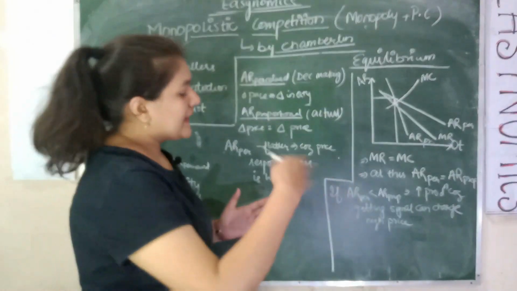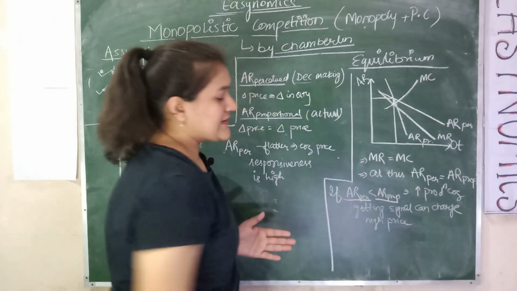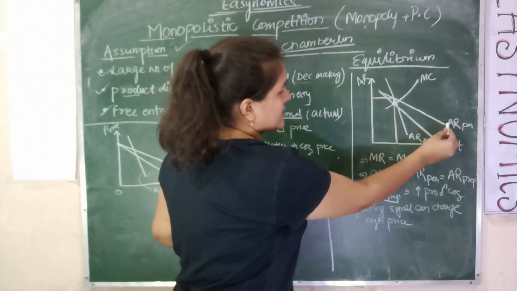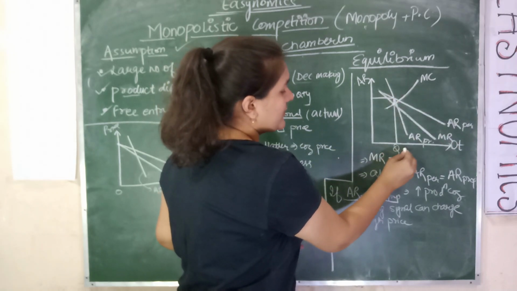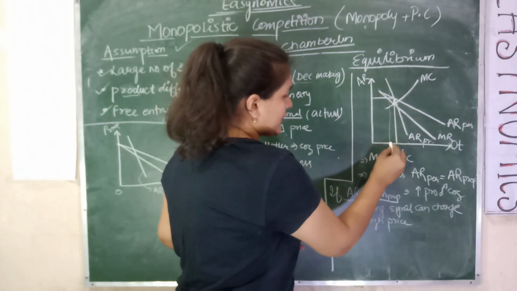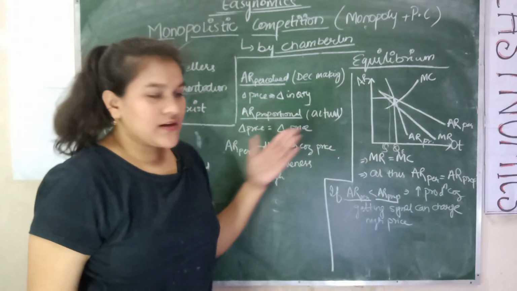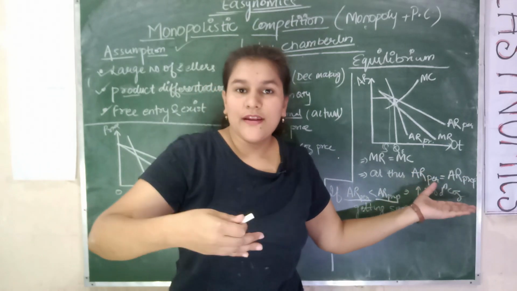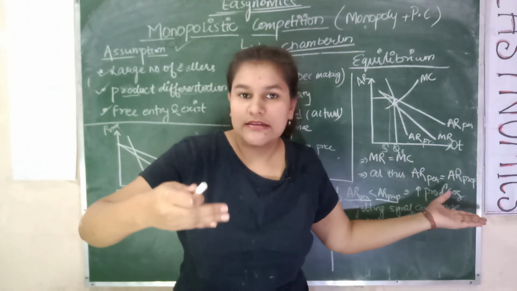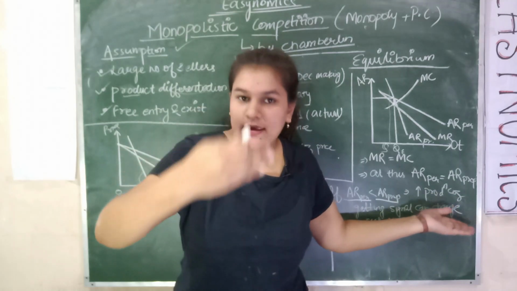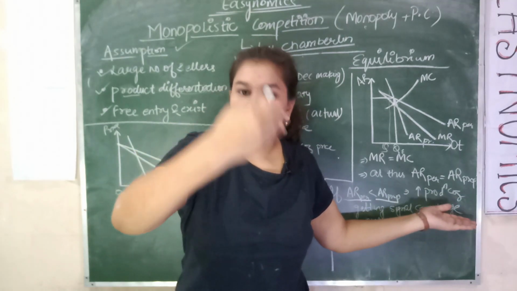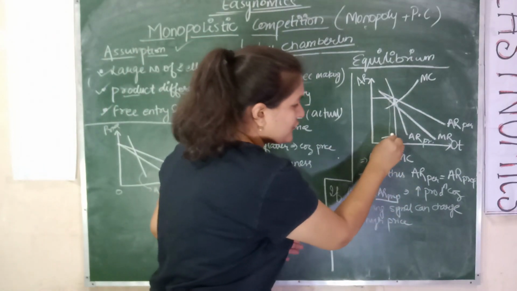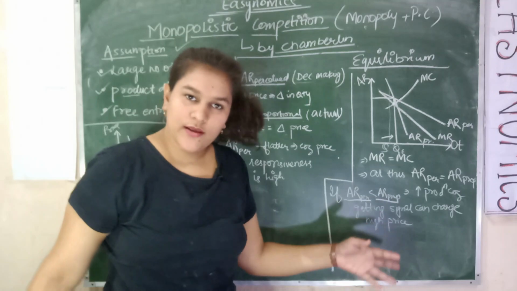Now let's see if your AR perceived is lesser than the AR proportional. This is your AR proportional, this is your AR perceived. If you lie in this section, it means less than the equilibrium quantity is being produced. So in this case, firms will get a signal from the market that they can charge higher prices. If it can charge higher prices, the firm will increase production in the economy, move rightward, and again reach the equilibrium.